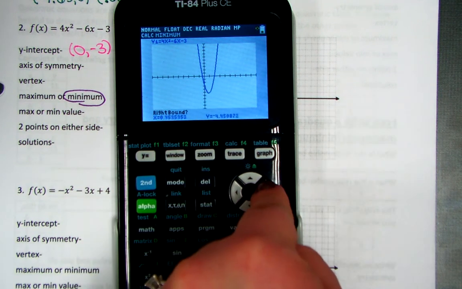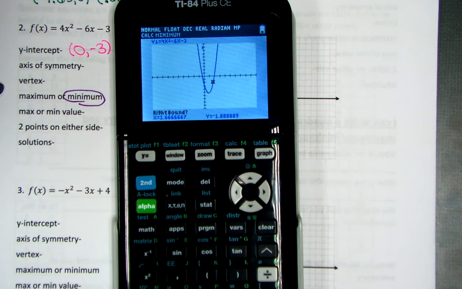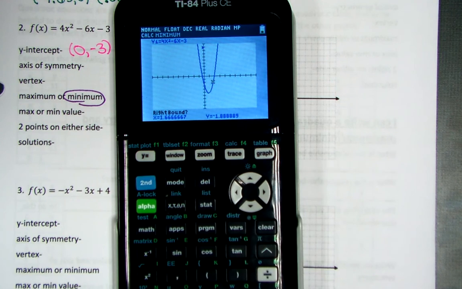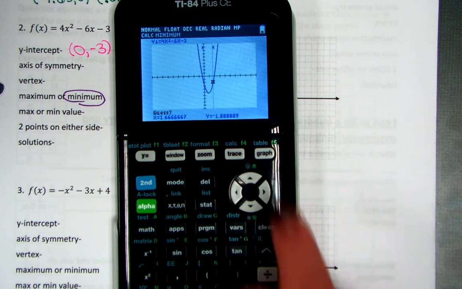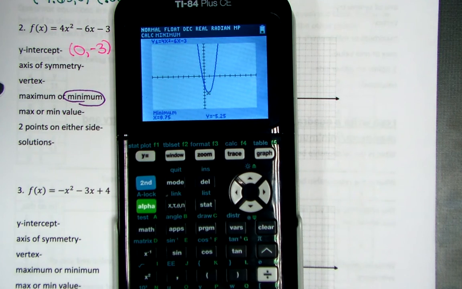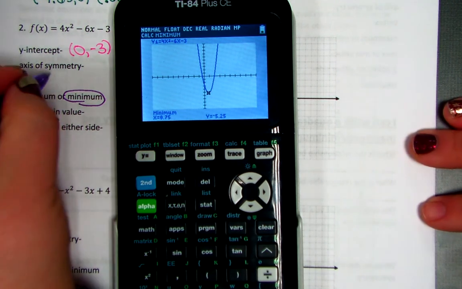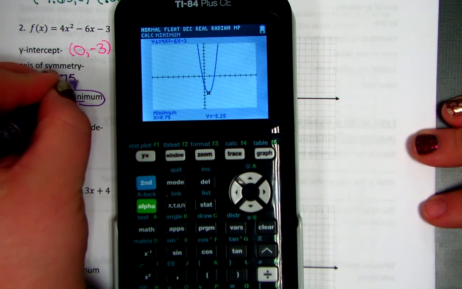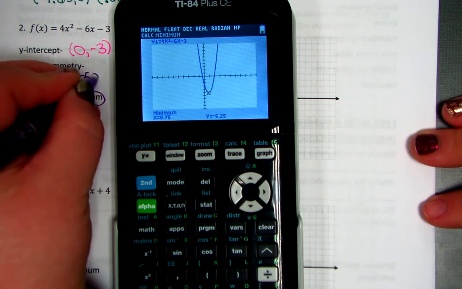Move my cursor to the right side. I'm using the left and right arrow keys to move them. They're pointing at each other. My minimum value is between them. So we'll press enter one more time. And I have a vertex at 0.75 and negative 5.25.